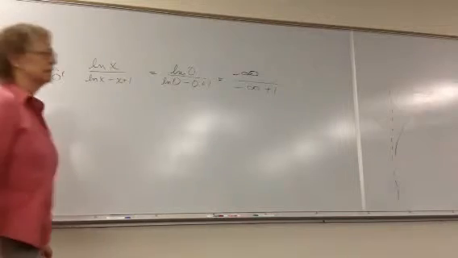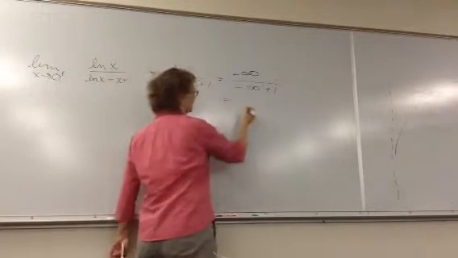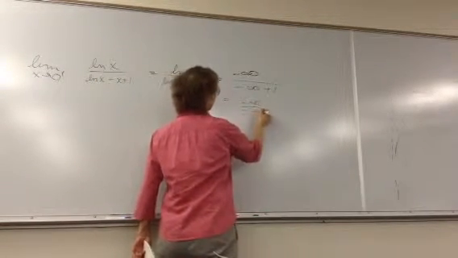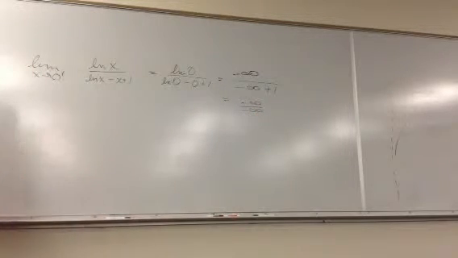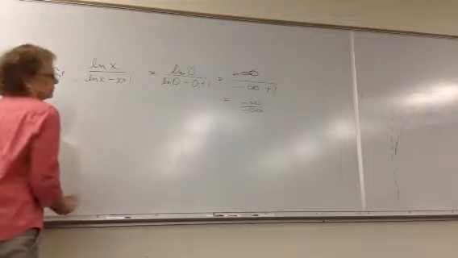Well, that looks to me pretty much like negative infinity over negative infinity. Is that indeterminate? Yeah. If you think infinity over infinity is indeterminate, can't negative infinity over negative infinity be indeterminate? I would hope. I don't know.